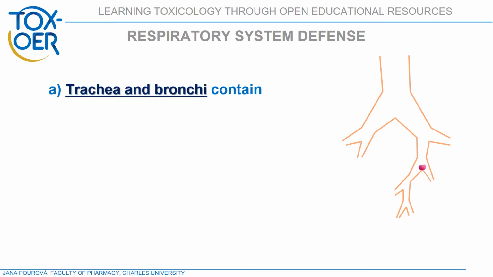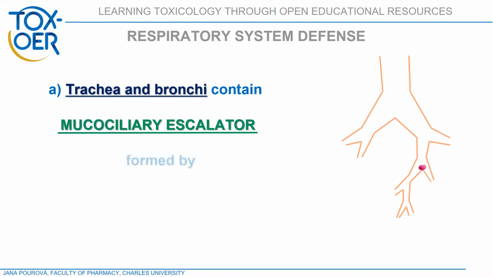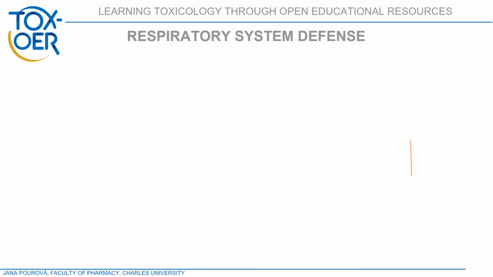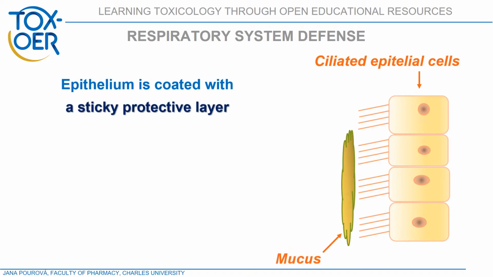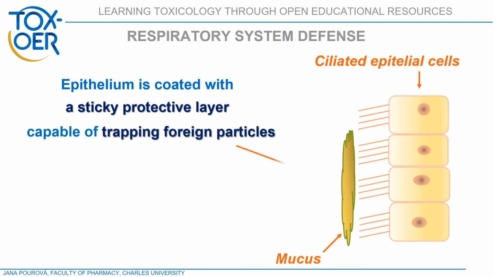Trachea and bronchi contain mucociliary escalator. It is formed by ciliated cells and mucus. Epithelium is coated with a sticky protective layer capable of trapping foreign particles.